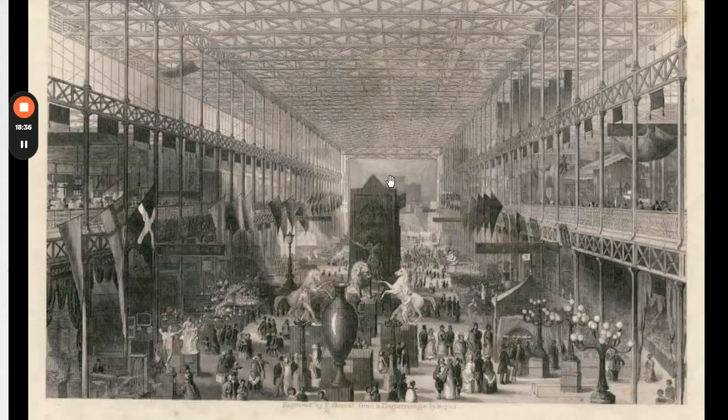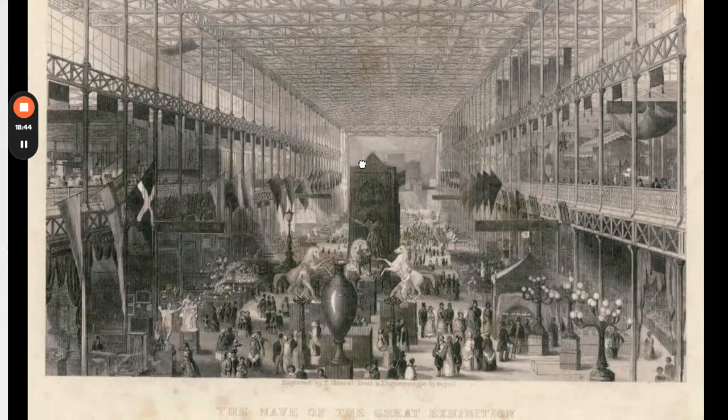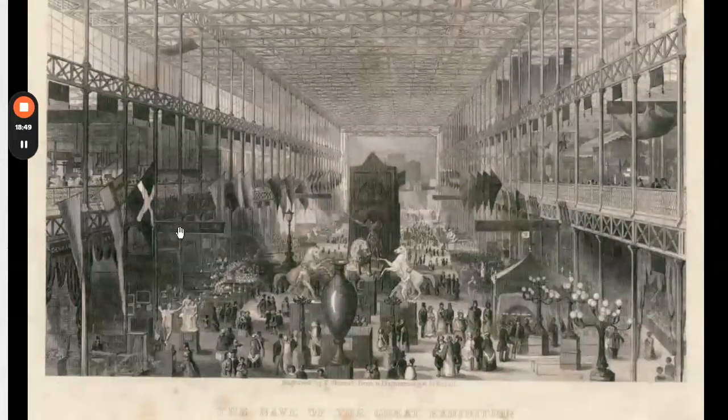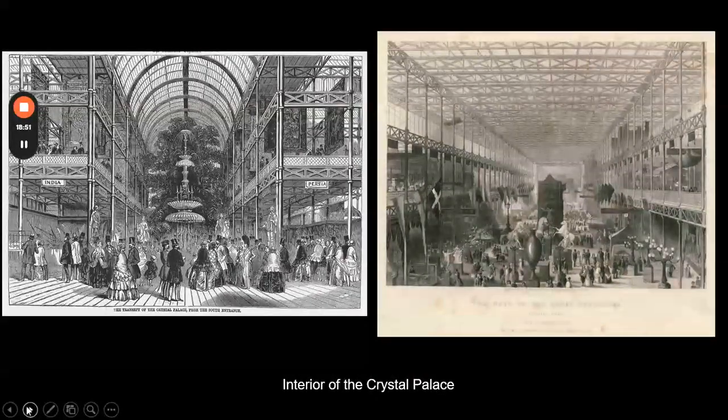I don't have my notes here, but I think it's like 19 acres of land, and it was built in just like 5 or 6 months, all prefabricated glass and cast iron. And it was meant to be just this temporary exhibition of international arts and inventions.